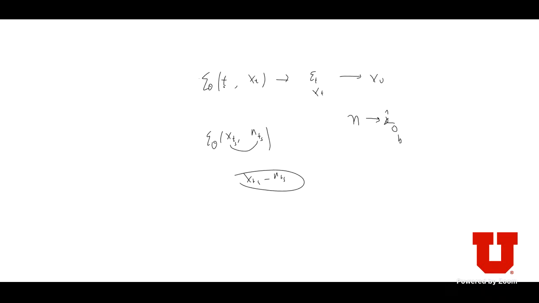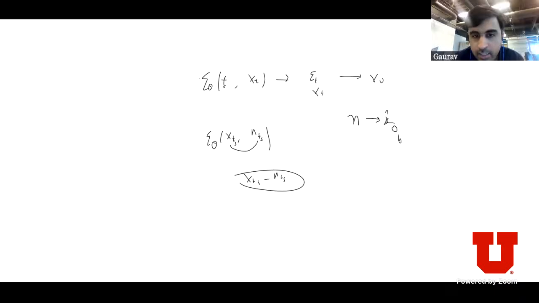Yes, using the noised image at time step TB, so that's how we are coming up with an X naught hat B that I had in the slides.